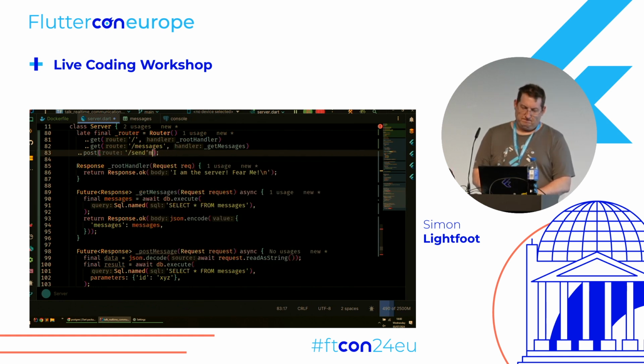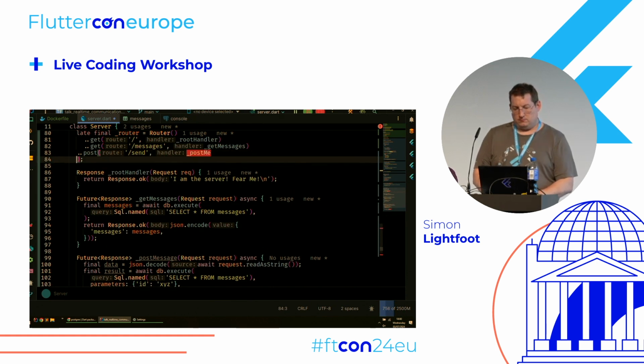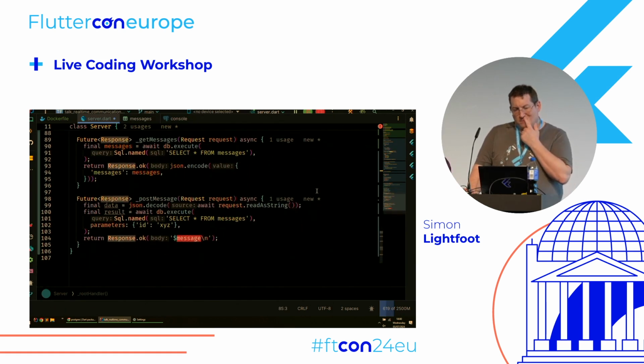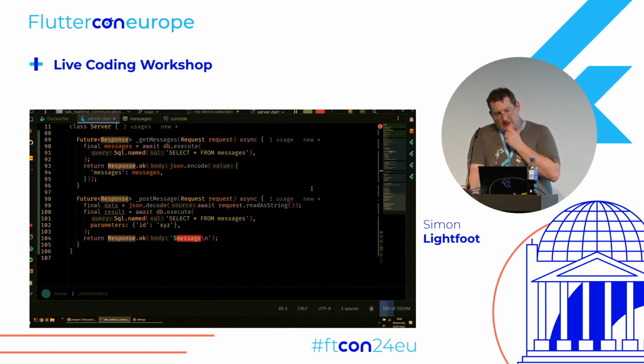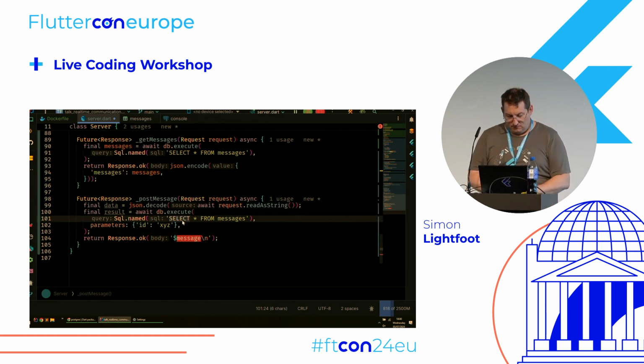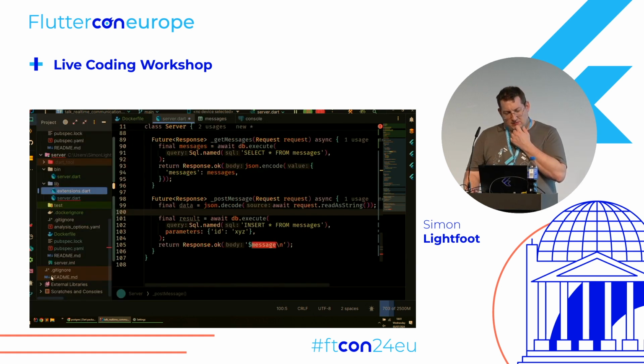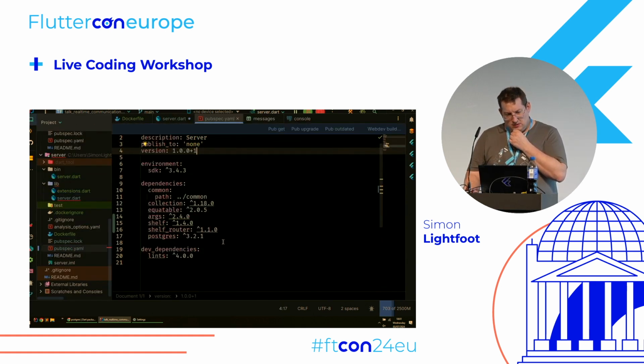Post message. Cool. All right, so that should be really basic. I'm going to grab this from the database and send it back, and then post message. We're going to take the request coming in, and we're going to insert, and we're going to do. Do we have the UID package? Why not? Sure.